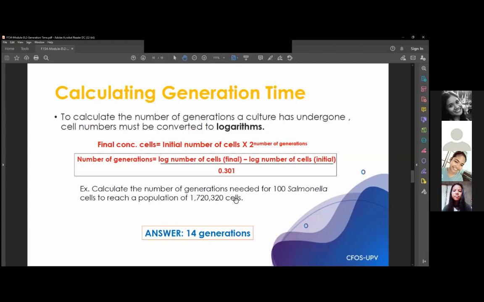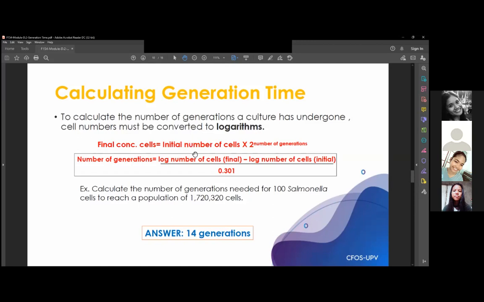Okay? Okay na, quiz? So, for the example, calculate the number of generations needed for Salmonella cells to reach a population of 1,720,320 cells. So, you start with your final population. You replace the formula here.